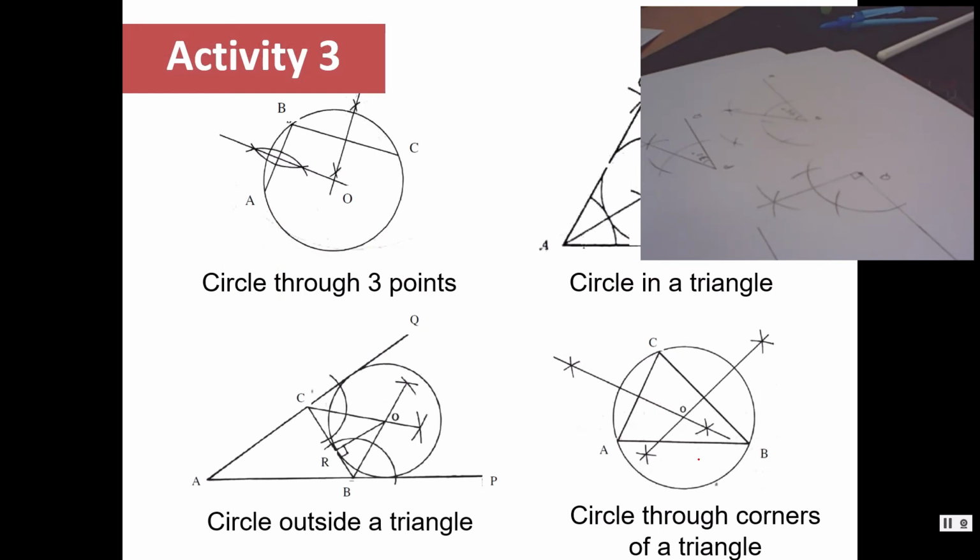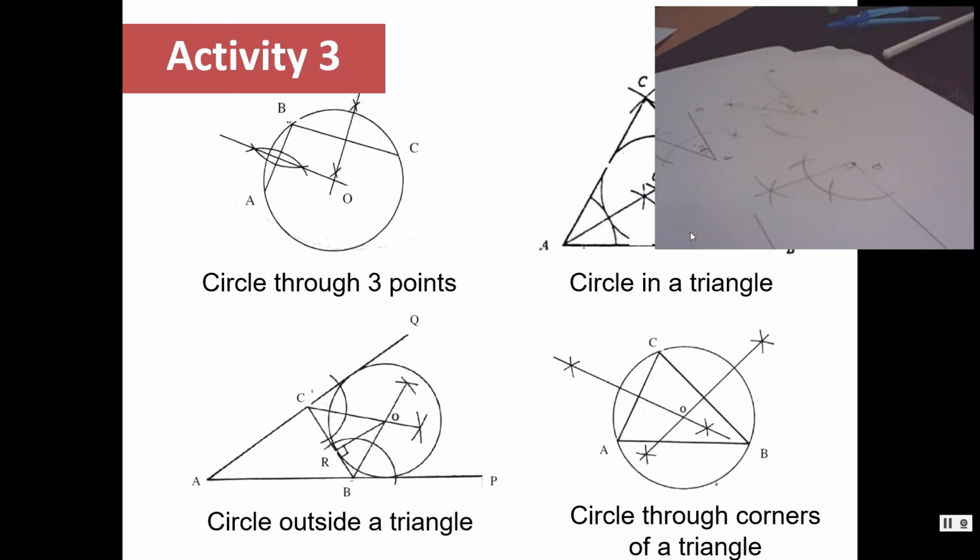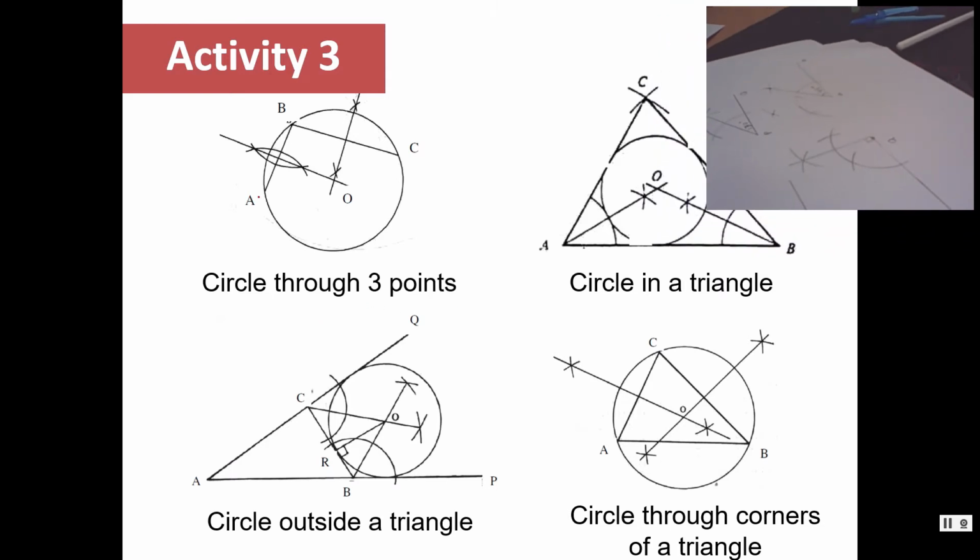Now we are moving to activity 3, in which we are going to draw a few circles. One is a circle that is going to go through three points, point A, point B, and point C. And then there is a circle in a triangle, a circle outside of a triangle, and also a circle through the corners of a triangle A, B, and C, like this.